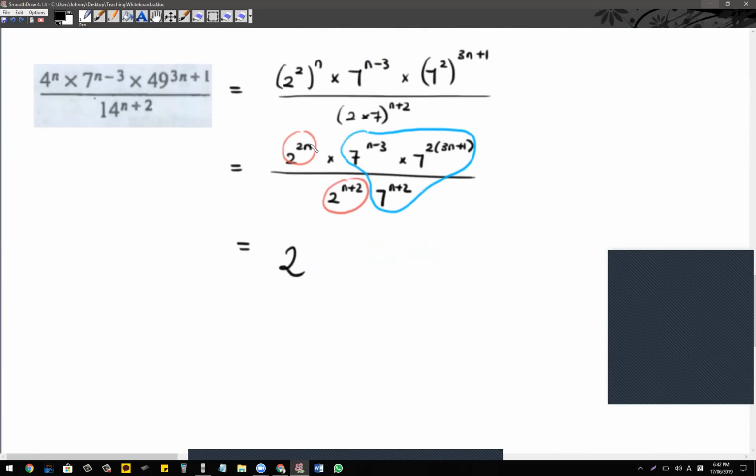I want you guys to try that now. What's 2n minus n plus 2? So I want to subtract this from this. Try that now, let me know. And the other one is n minus 3, 2, 3n plus 1, and n plus 2. You can do all of that.